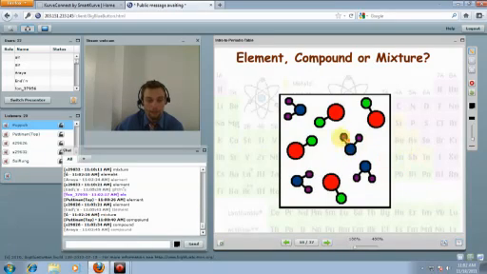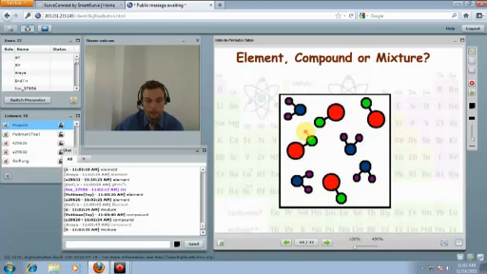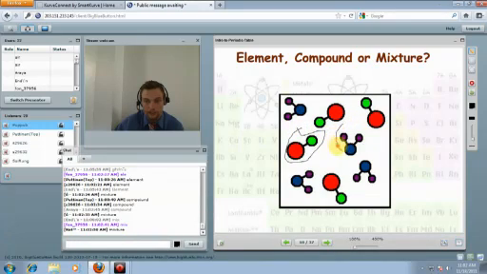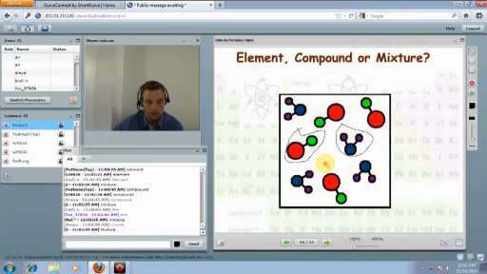So we have kind of split answers here. This is a substance, and this is a substance. Two or more substances. Yes, it is a mixture. This, by itself, would be a compound.